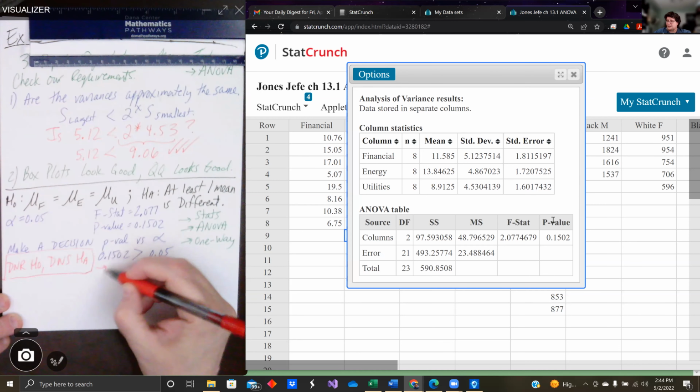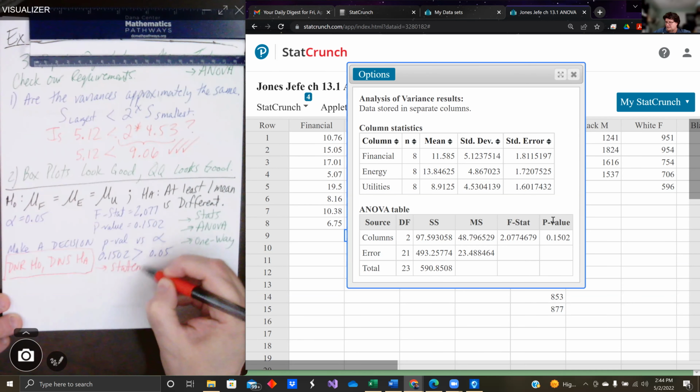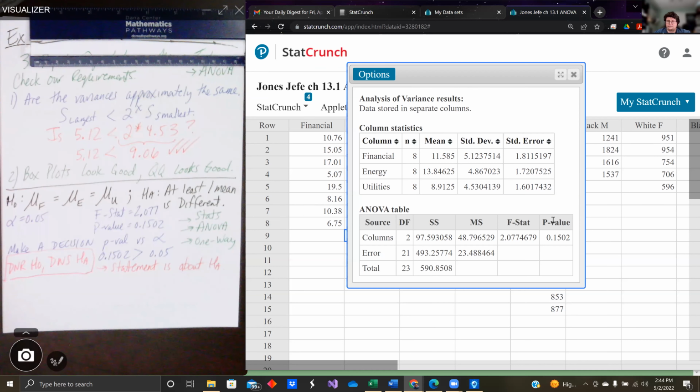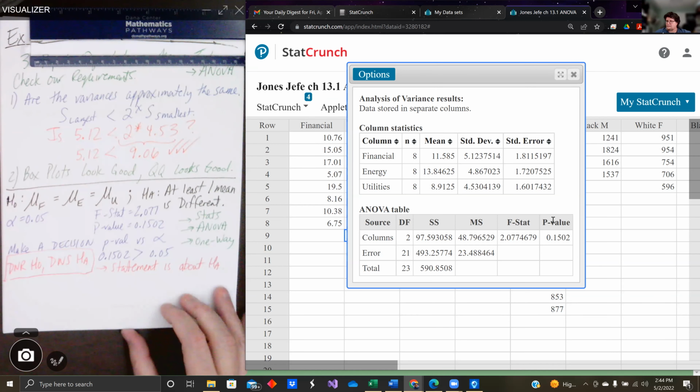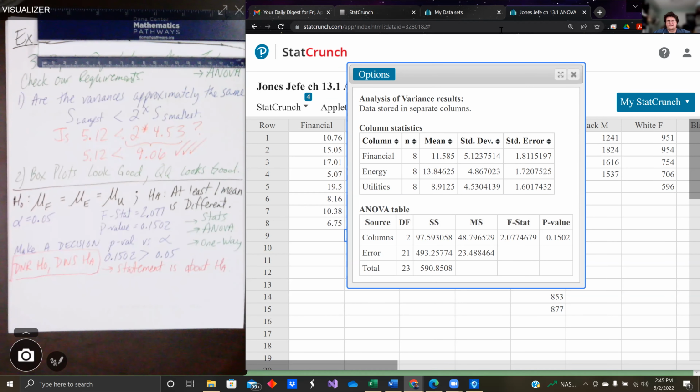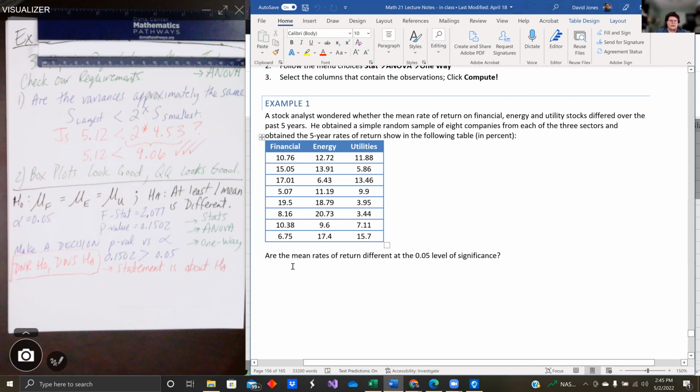And our statement is about HA. HA was the mean rates of return are different.